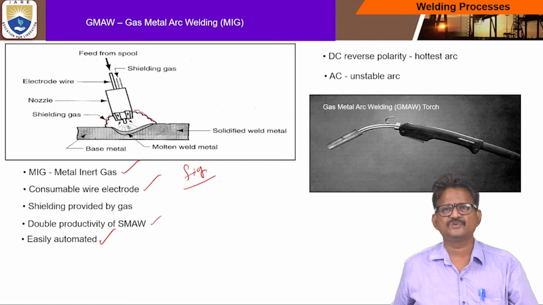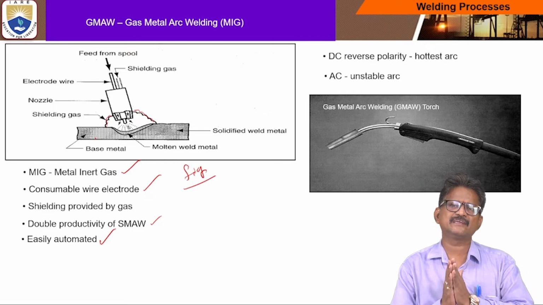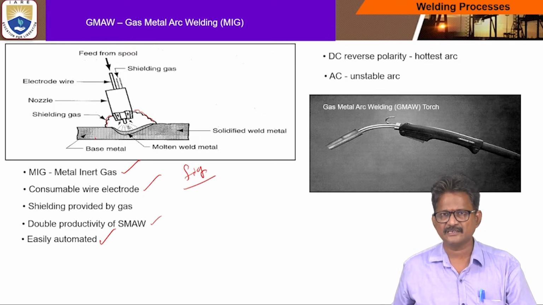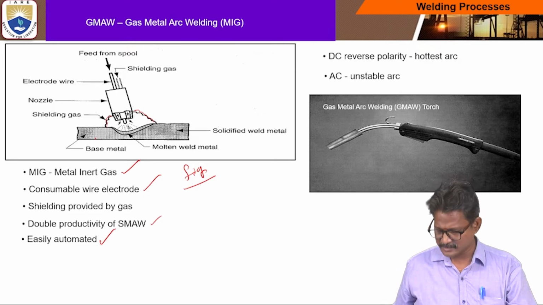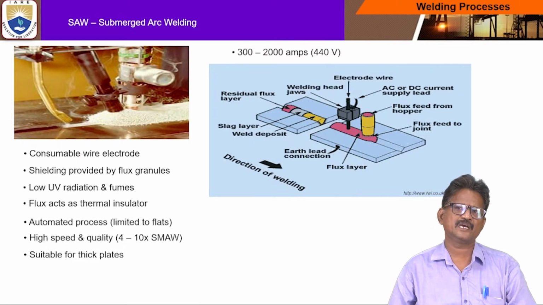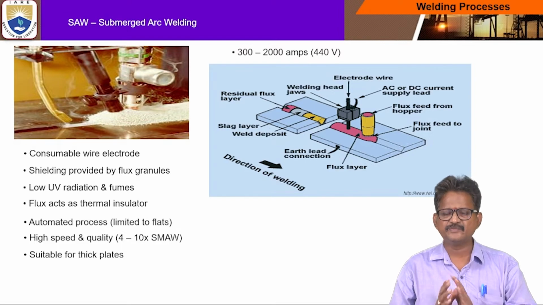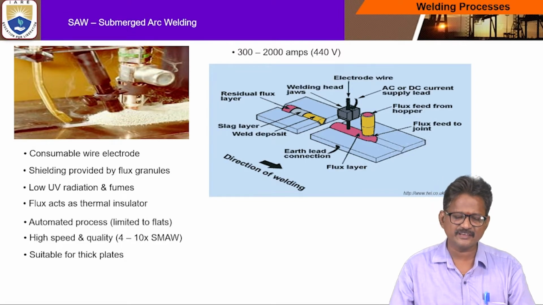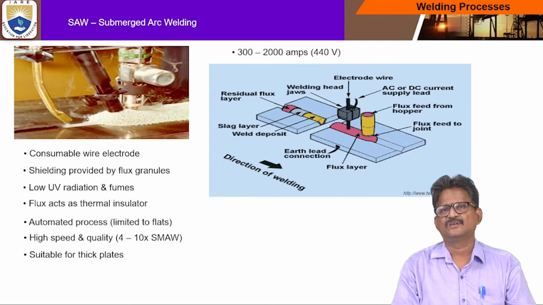So I hope you got a clear idea about metal inert gas arc welding and tungsten inert gas arc welding. Now another important type of welding is submerged arc welding. In the three-dimensional figure, you can clearly see how it is performed.